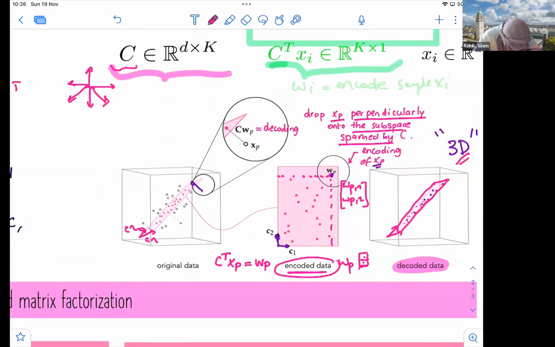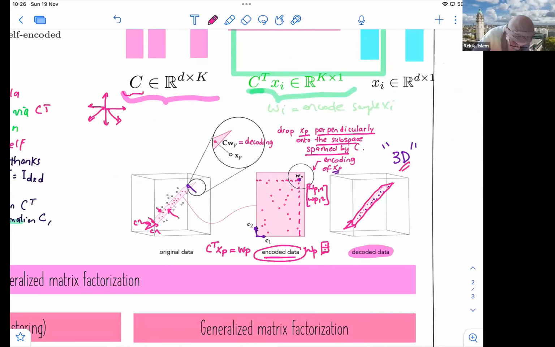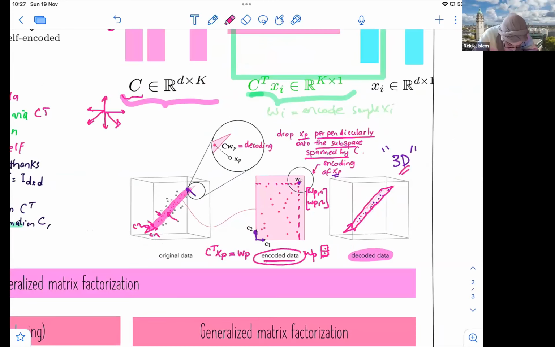We drop perpendicular. All these points are dropped onto the new subspace spanned by C1, C2. And when dropping that back, you can see we're making a lot of mistakes, right? These distances are actually mistakes because now my points are cramped into a lower dimensional space.